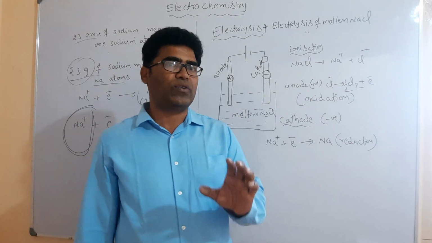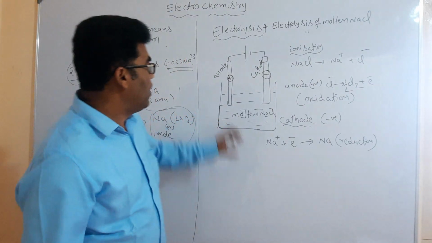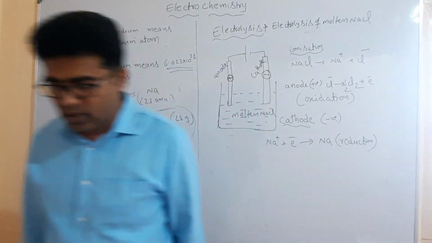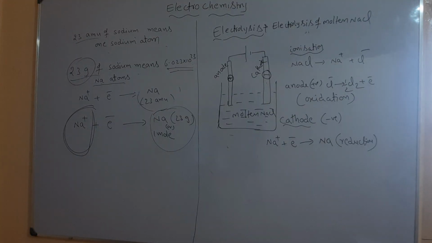What are electrodes? Anode and cathode combined are called electrodes.